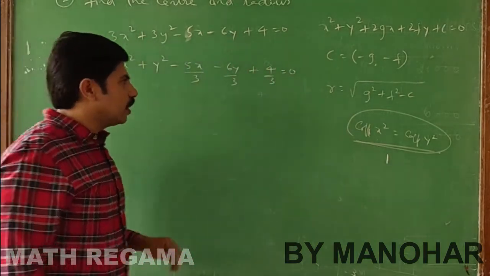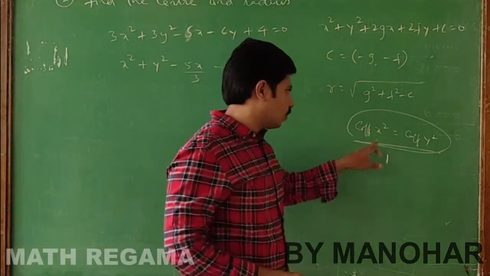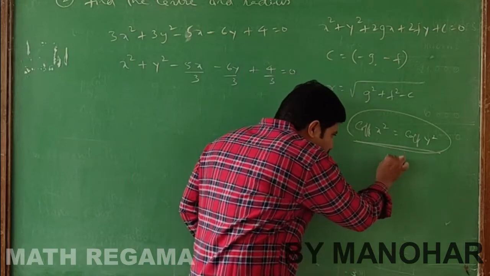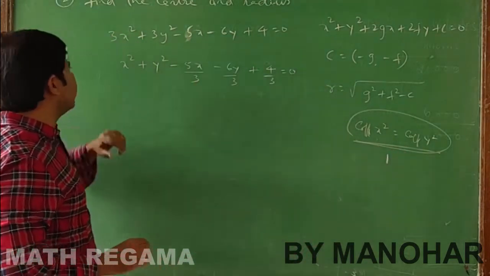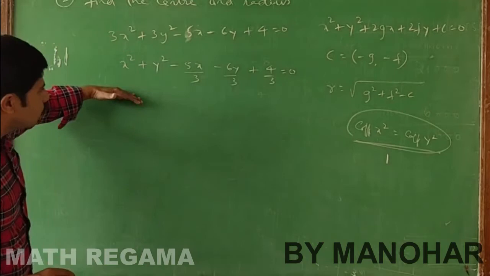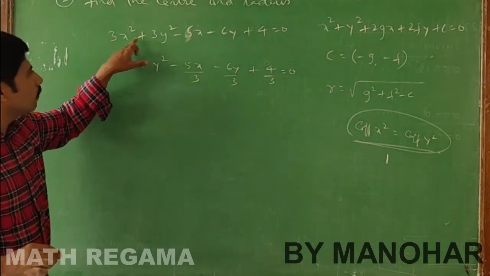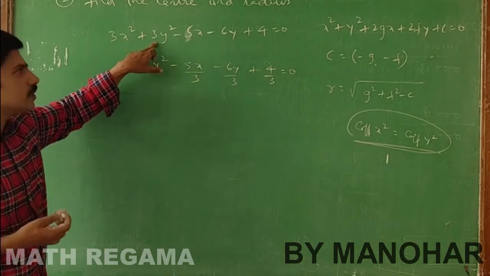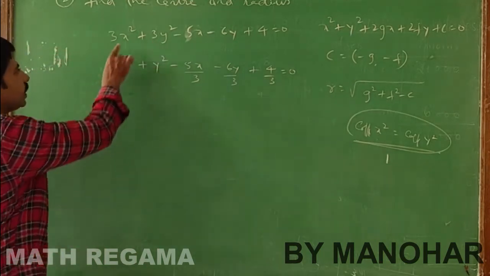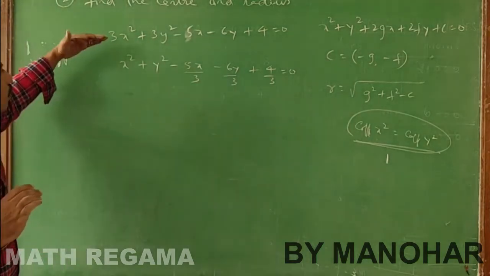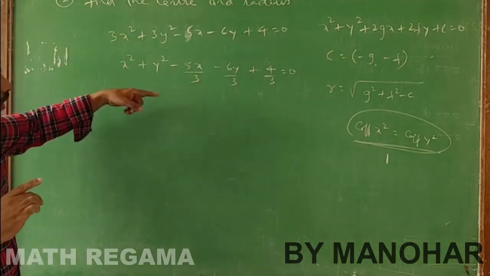The reason is that the coefficient of x square and y square must be equal and it should be 1. Here it is not 1, it is 3. To make it unity, we divide the complete equation by the coefficient of x square and y square. Always these two will be the same in circles. So whenever you are doing the problem, check the coefficient of x square and y square. It should always be 1. If it is not 1, you have to make it unity and then solve the problem.